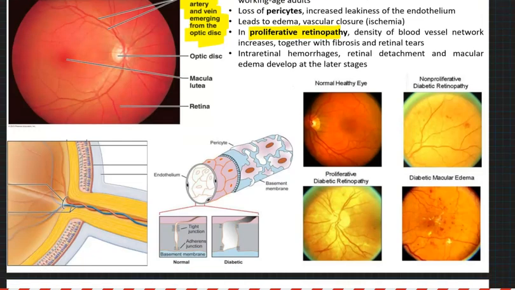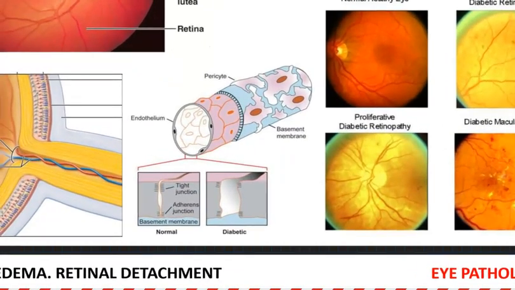Okay, so here's what happens. Check this out. This is your normal capillary. It's very thin, but the cells that form it form tight junctions, so there's no leakage of the blood.